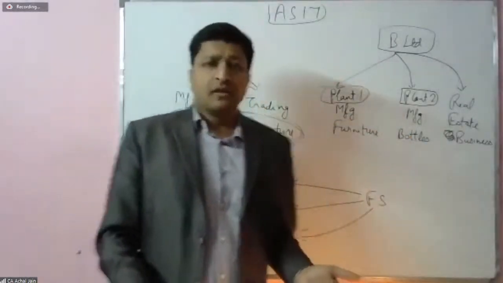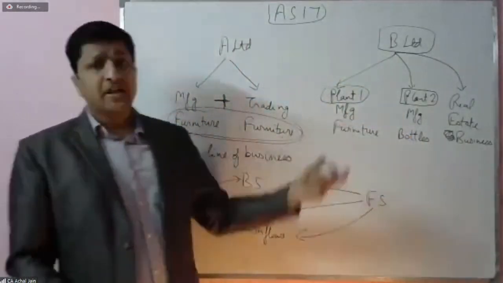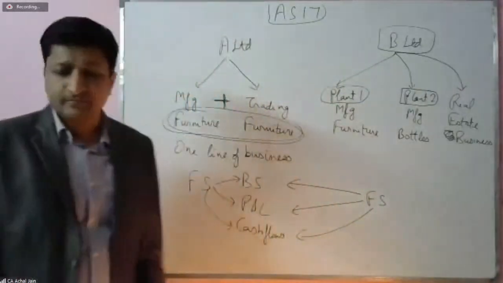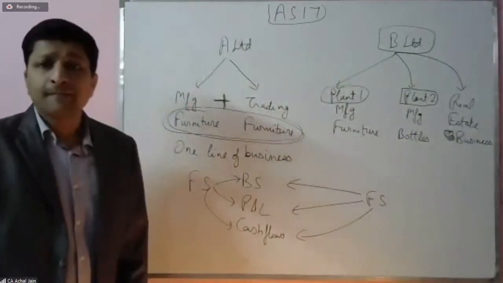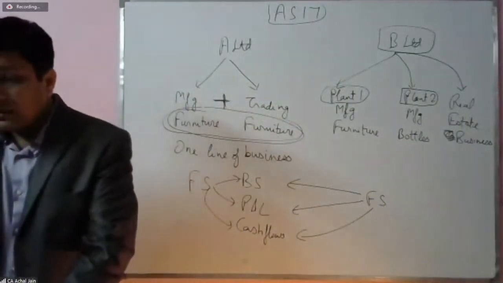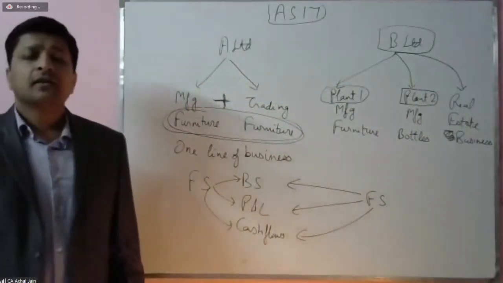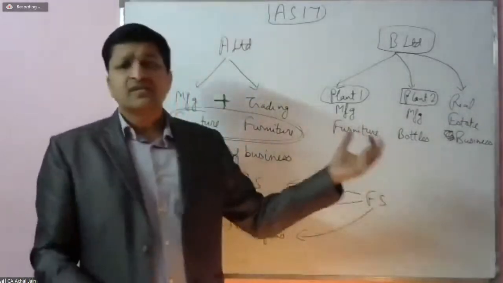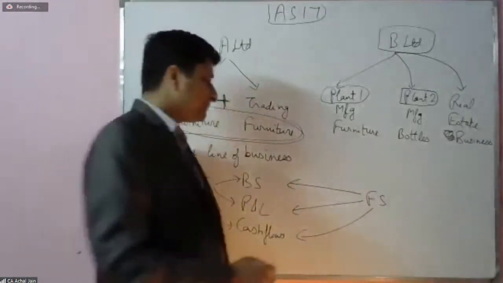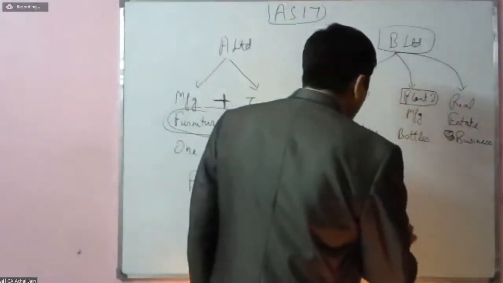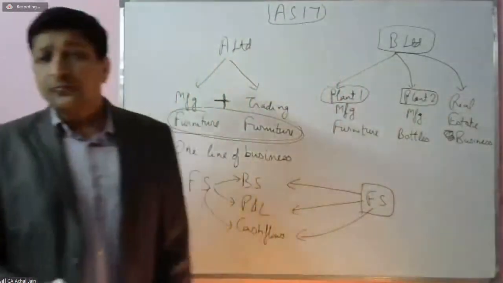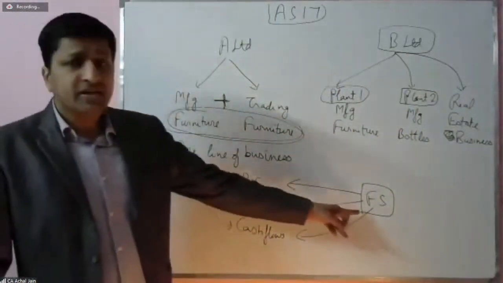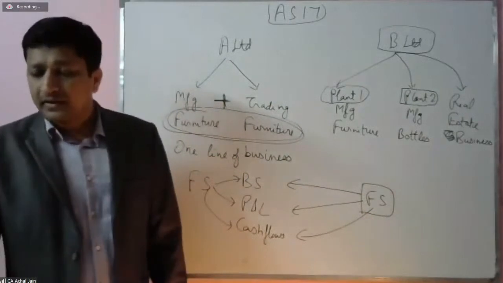Of course, P&L is given, which comprises the total sales, total profit, everything given in totality. Tell me, will you get clarity about various business lines of this company? Will you be able to appreciate the performance of these business lines just by looking at the financial statements the way we prepare right now?